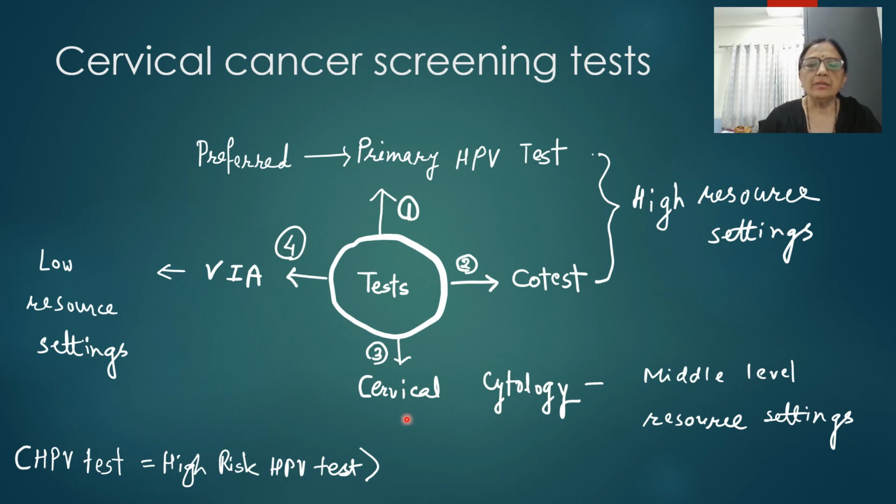Sometimes it is the main screening test which is available, especially at the middle level resources. Even if cervical cytology is not available, then what health professionals have in hand is VIA, that is visual inspection after application of acetic acid, which is available at the low resource settings.